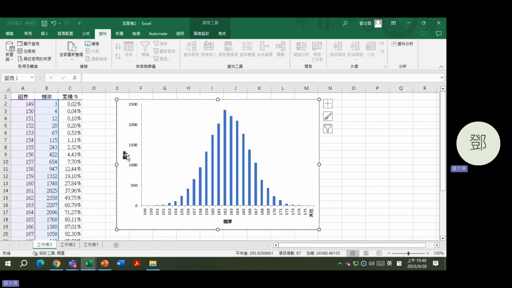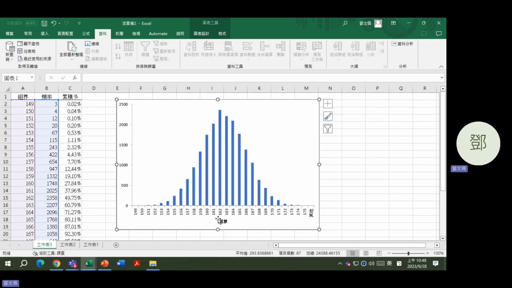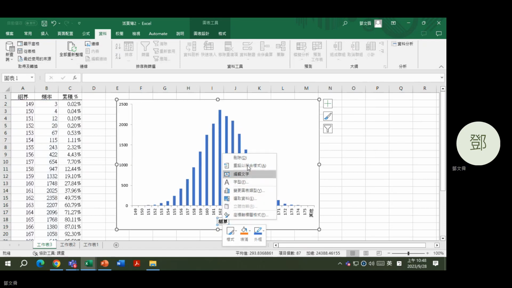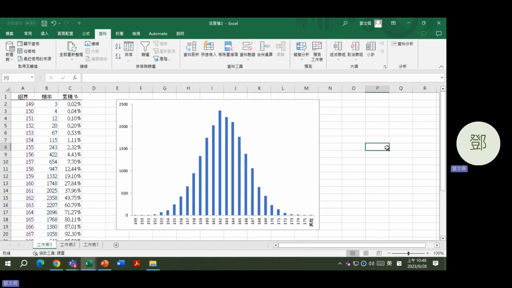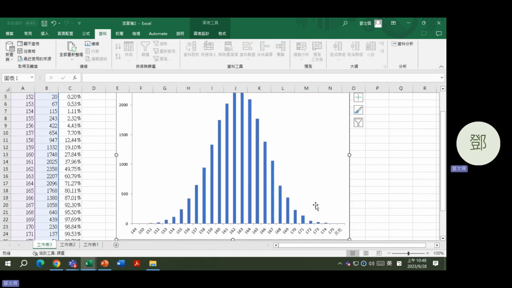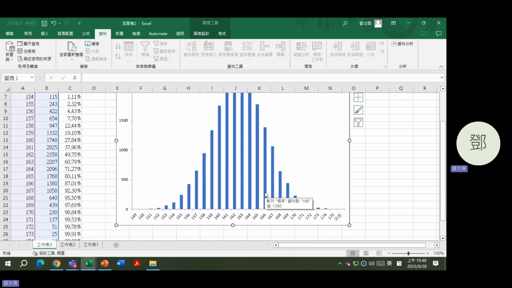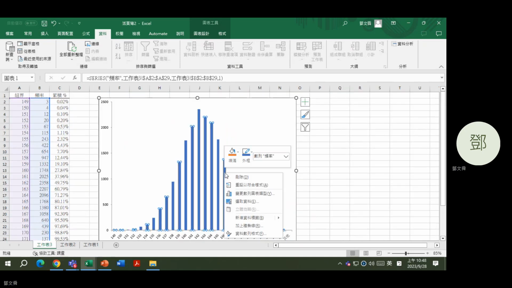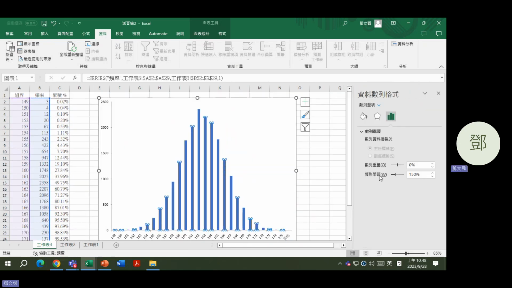I have to wipe it off because it is in Chinese. I'm afraid you will report to the administration that I use Chinese. I don't use Chinese, right?